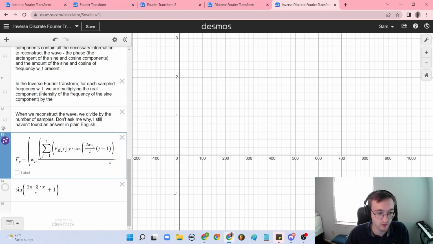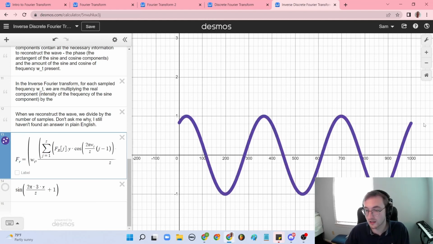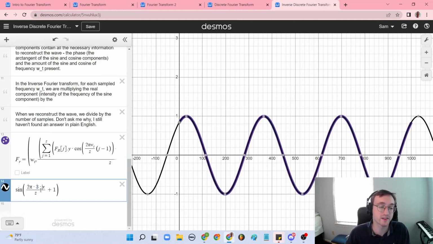And so, if I plot this, voila, you can see that it contains the exact initial wave that we started with, and we can do this by checking with this actual sine wave with amplitude of 3, frequency of 3 and phase of 1. And so that's how powerful this tool is, because now we have the ability not only to analyze frequencies, but resynthesize them. Or if we modify them, we know what we need to do and then resynthesize to produce an output wave.